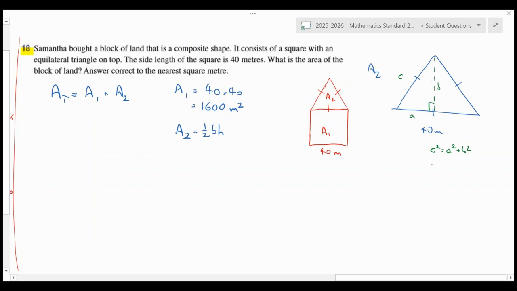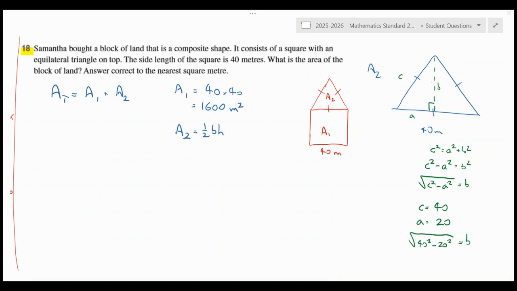So if I rearrange, c squared minus a squared equals b squared, but I just want b, so b equals the square root of c squared minus a squared. What does c equal? c equals 40, because it's the equivalent side. What does a equal? a equals 20, because we've cut that triangle in half. So I've got the square root of 40 squared minus 20 squared equals b.